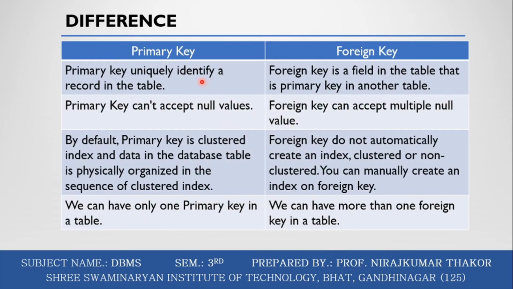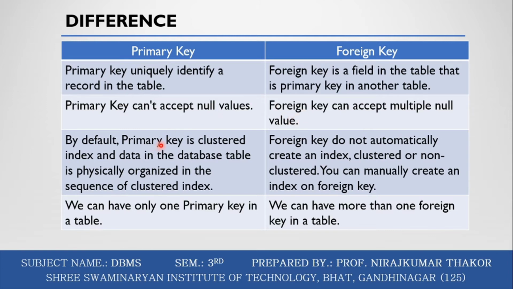What's the difference between the primary key and foreign key? The primary key uniquely identifies a record in the table. On the other side, the foreign key is a field in the table that is a primary key in another table. Primary key can't accept null values. In other words, the foreign key can accept multiple null values.